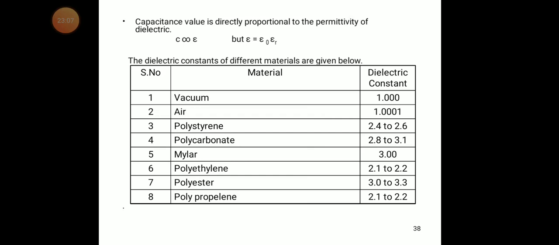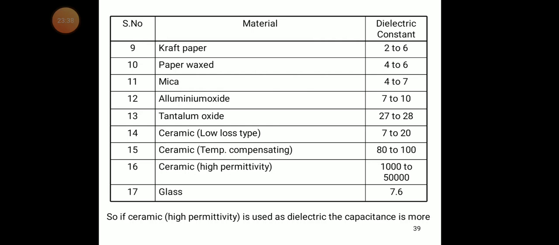These are the materials which we are using as insulating material or dielectric material in the capacitor. Polycarbonate 2.8 to 3.1, mylar 3, polyethylene 2.1 to 2.2, polyester 3.0 to 3.3, polypropylene 2.1 to 2.2. Kraft paper 2 to 6, waxed paper 4 to 6.